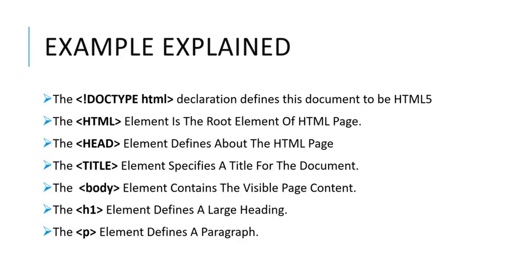What is the title? What is the body? And what are paragraphs? And then we also saw what this term doctype HTML is. HTML had their title, body, H1 and P, and what they define and how they can be used.